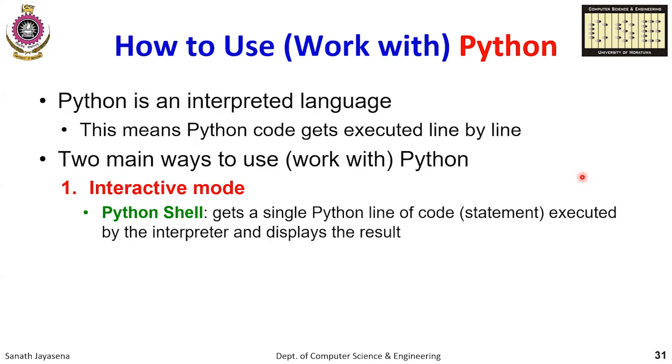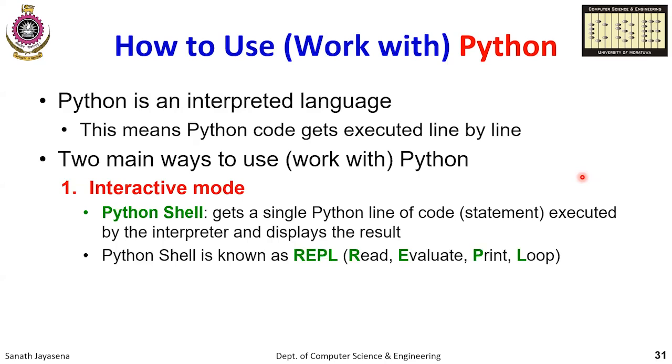You simply give a single line of code, a statement or expression, and it is executed by the interpreter, which displays the result. The shell accepts your input and gives it to the interpreter, which translates and executes it, and the shell then displays the result. It's just one expression, one statement that you can give.